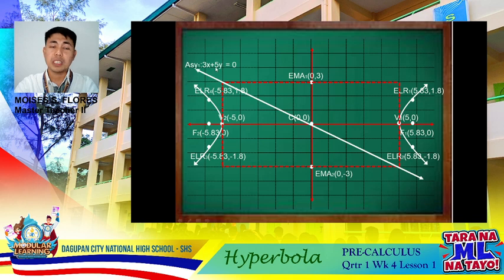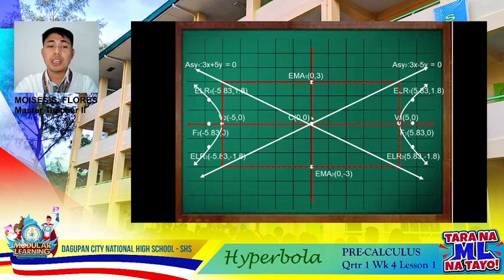There you have our 3x plus 5y. Another diagonal passes through the center, that is 3x minus 5y equals 0. So this is now our complete details for our hyperbola, given our vertices, our co-vertices, our foci, our ELRs, and of course our asymptotes.